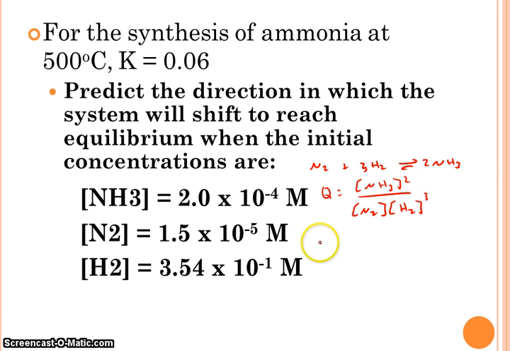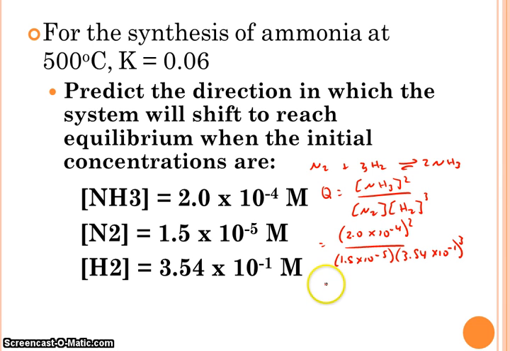And now we'll plug in our numbers. So this time we've got 2.0 times 10 to the minus 4 squared over 1.5 times 10 to the minus 5 times 3.54 times 10 to the minus 1 cubed.